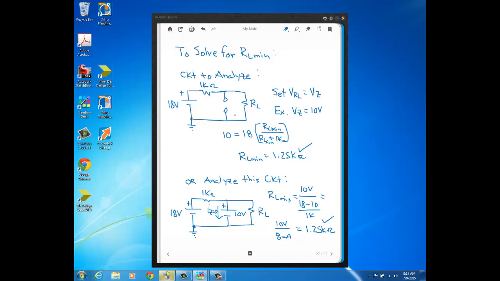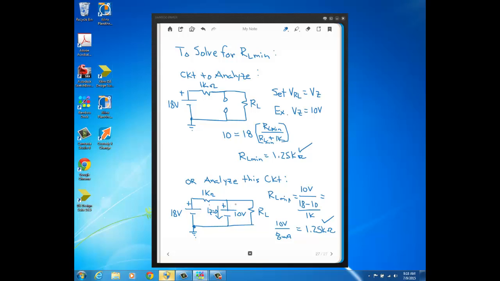Personally, I like this circuit representation to solve for RL minimum, just because representing the Zener diode as an open, it should be very clear there's no current here, and with a series circuit like this, we can just use voltage division. Again, the other one works.